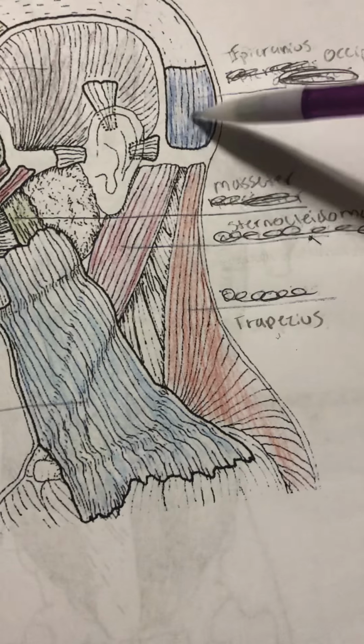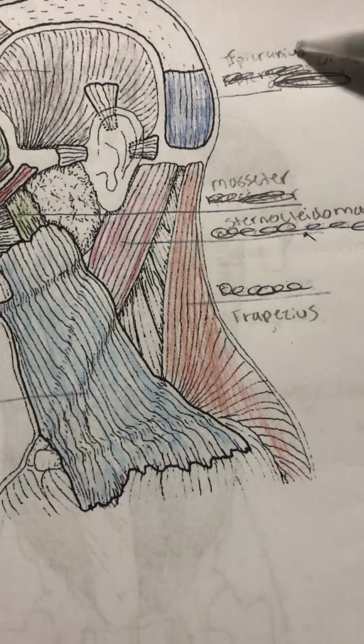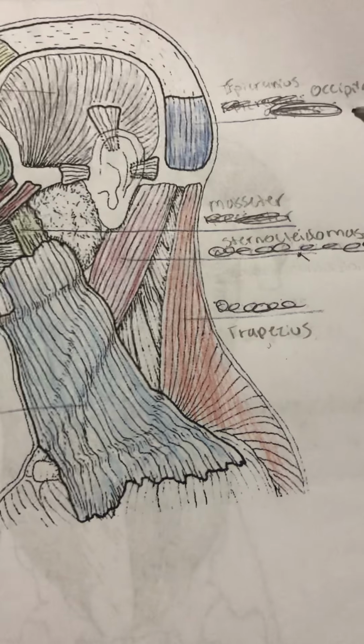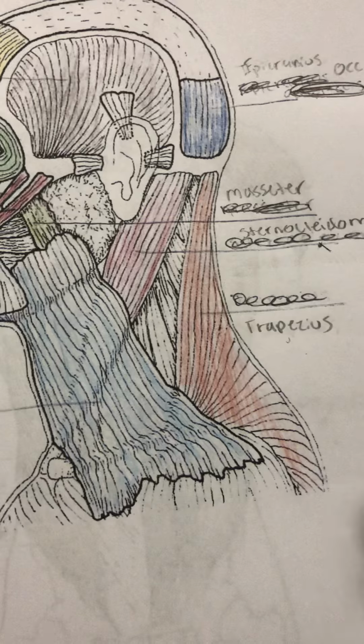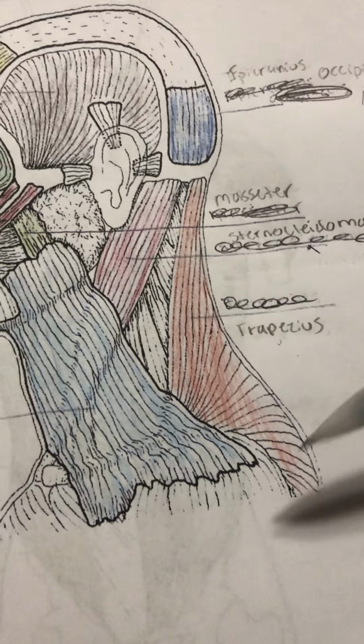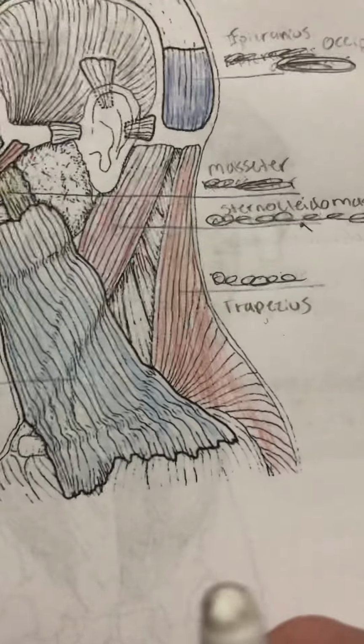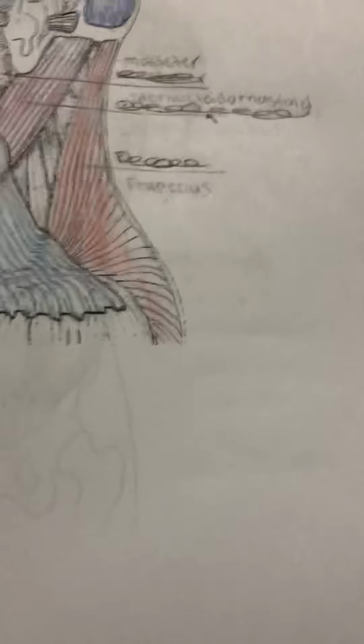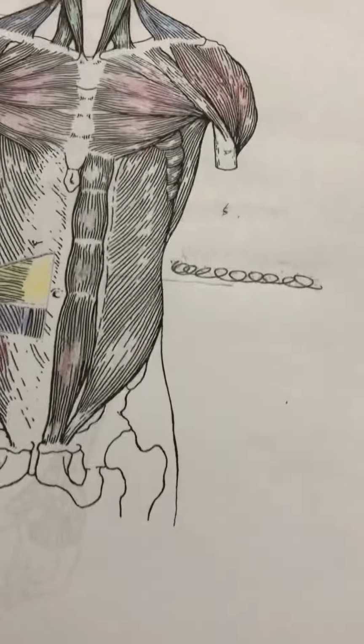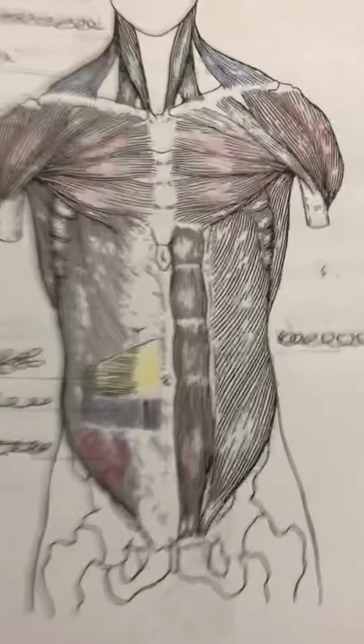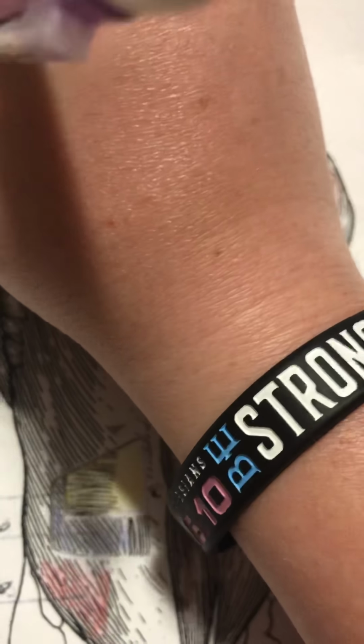And then this would be the occipital bone, but it's the epicranius occipitalis. So you can see it's similar in the words, the bones and the muscles. So the green would be the sternocleidomastoid.